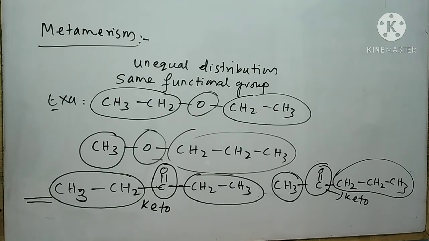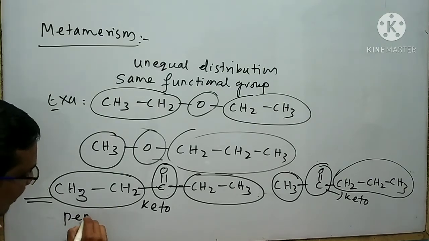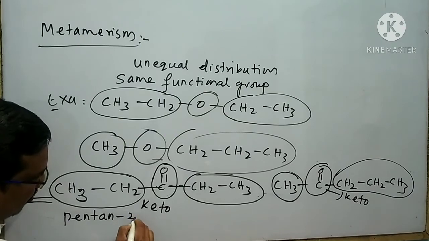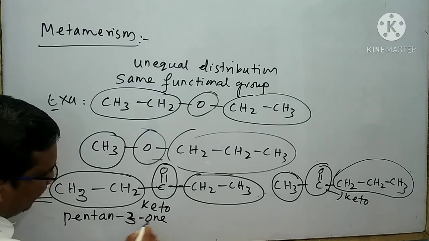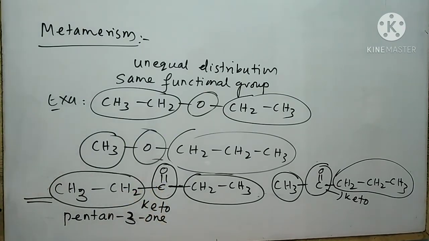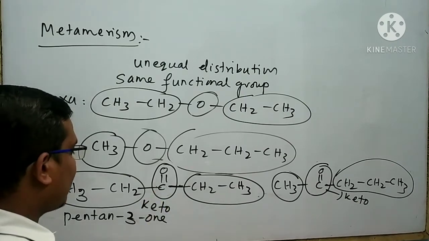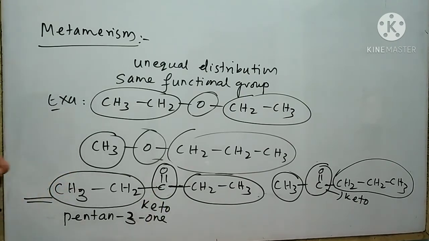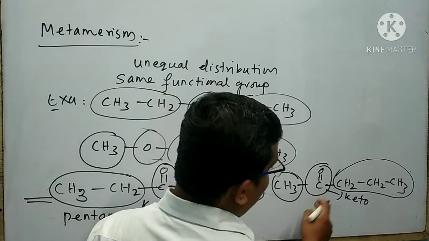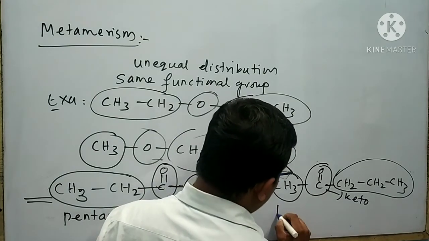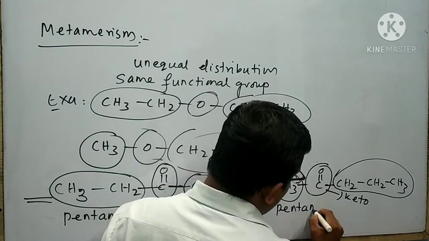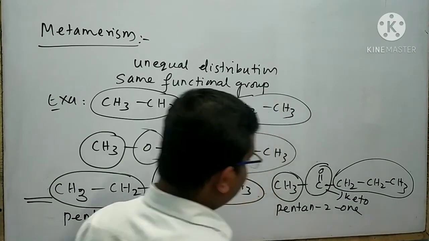If I want to write the names of these organic compounds, I can write it like this: pentan-3-one, because here the keto group is present at the 3rd carbon atom. The name of the other organic compound is pentan-2-one.